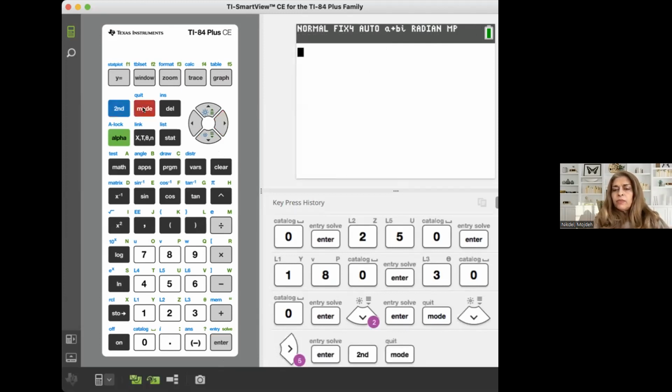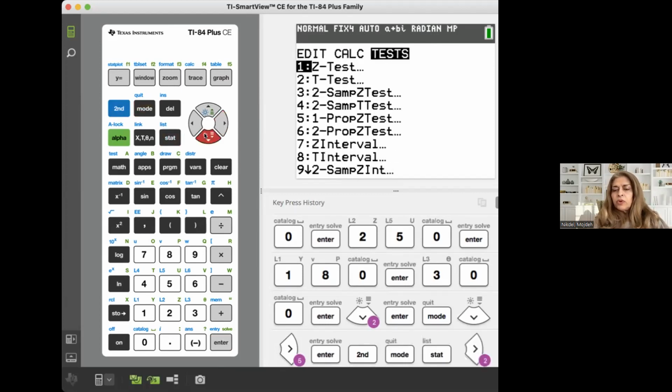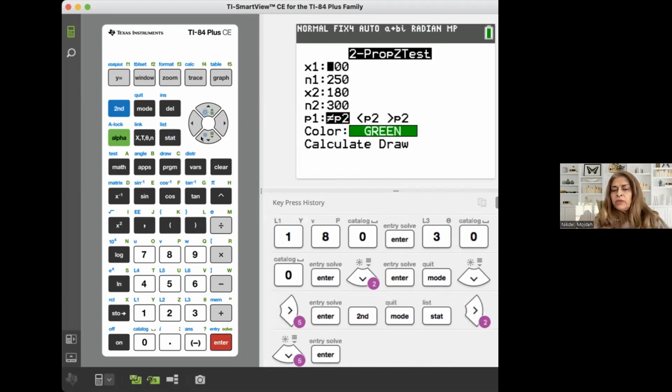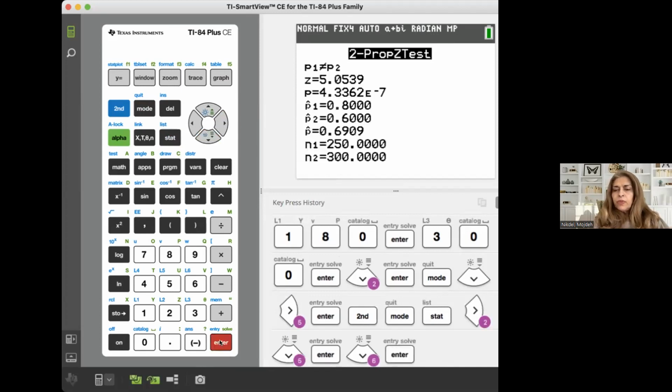Quit. So one more time, stat test, the 2-prop z-test. All the numbers are here already. Here the first line tells you what is your claim, P1 not equal to P2. Z, that's your test value, 5.5039, p-value 4.3362 e to the negative 7.